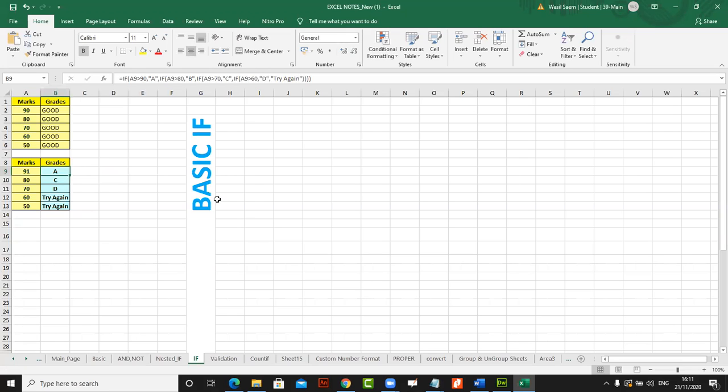Now, one very important thing, if you had this question in mind: once I'm writing if A is greater than 90, then A, then if A is greater than 80, and then when I write A is greater than 70, what about these values?